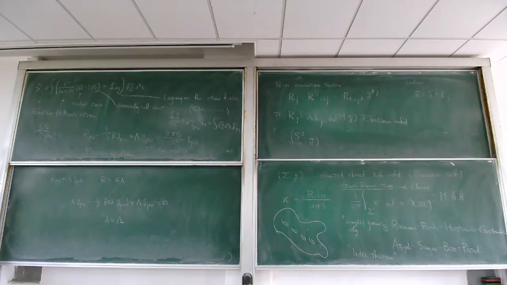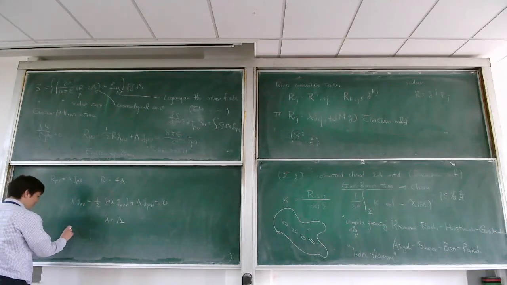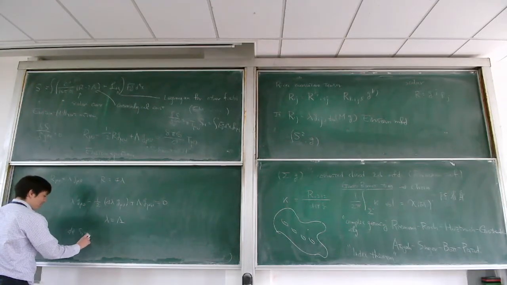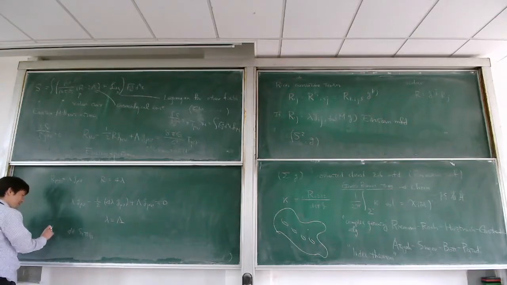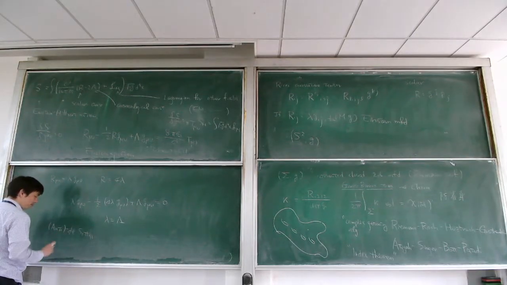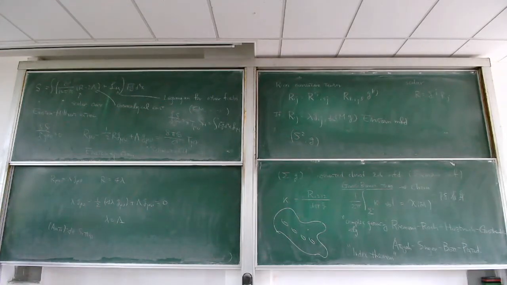Do you know some of them, except this sphere and so on? Solutions of this equation? Have you ever heard of something? The most famous one is de Sitter space, or sometimes anti-de Sitter space. Have you learned this in cosmology?